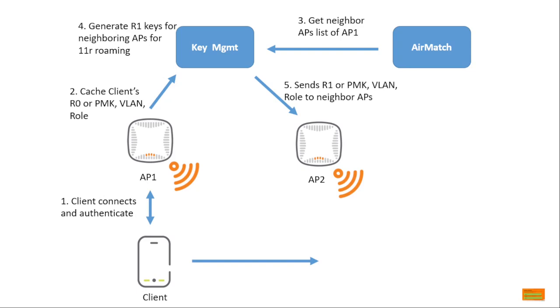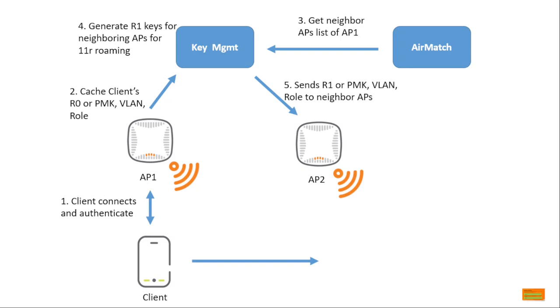And then AirMatch service provides the list of neighbor APs of AP1 to the key management service. So the key management service will receive the list of AP1's neighbors. Then the key management service will generate PMK R1 keys.